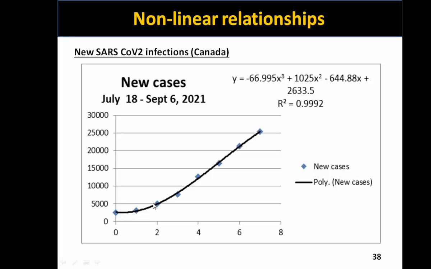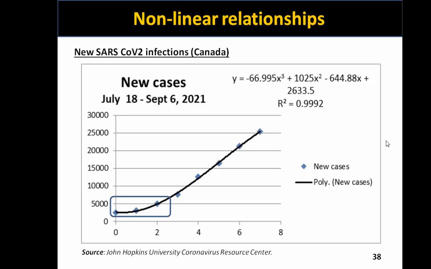These data represent the latest so-called fourth wave that has been taking place in Canada. Once again, these data are sourced from the Johns Hopkins Coronavirus Resource Center, and so when examining data, it's critical to first understand where those data are coming from.